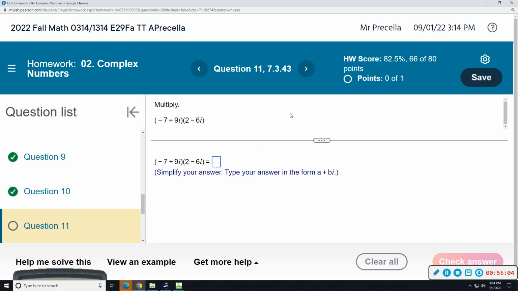Hey, this one looks very similar to what we've already done. I think this is another FOIL problem, isn't it? Yeah, this is just another FOIL problem. You have the complex number negative 7 plus 9i times the complex number 2 minus 6i.